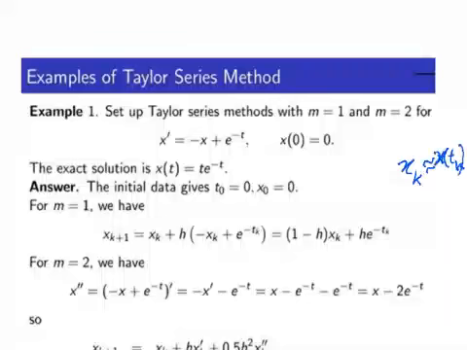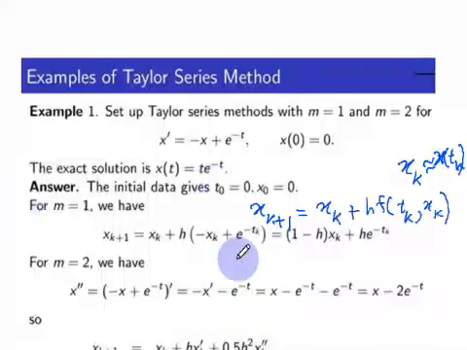When m equals 1, you define this by considering the first two terms of the Taylor expansion, x k plus h f of t k, x k, where f is f of t comma x.